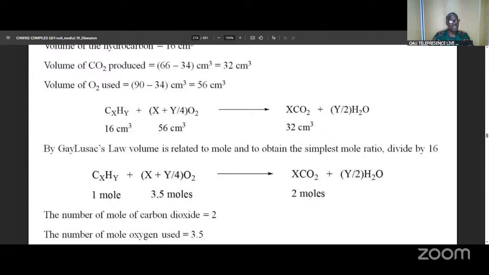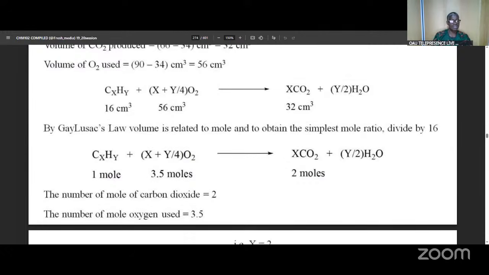So 1 mole of CxHy will react with 3.5 mole of oxygen. That is, if you divide 56 by 16, we have 3.5 mole of oxygen reacted to give 2 mole of carbon dioxide.